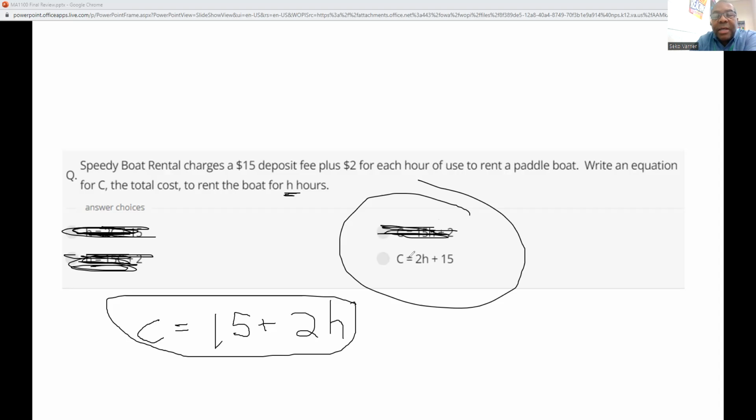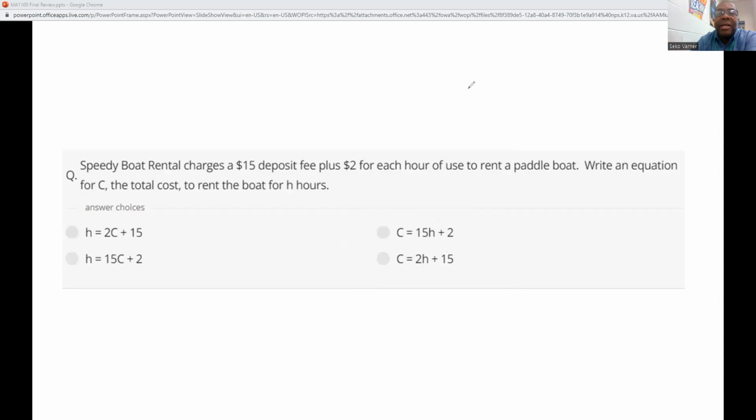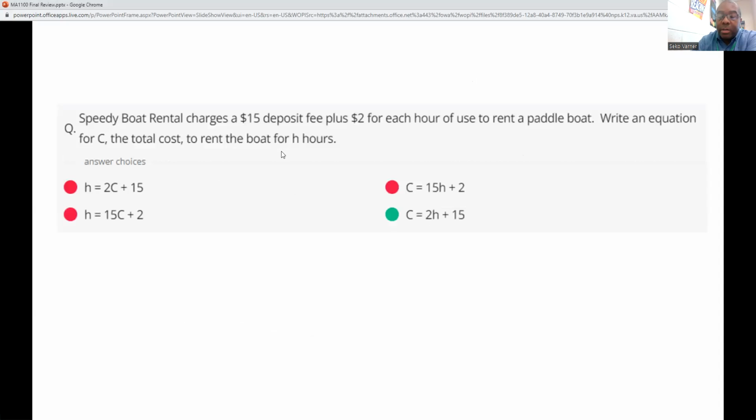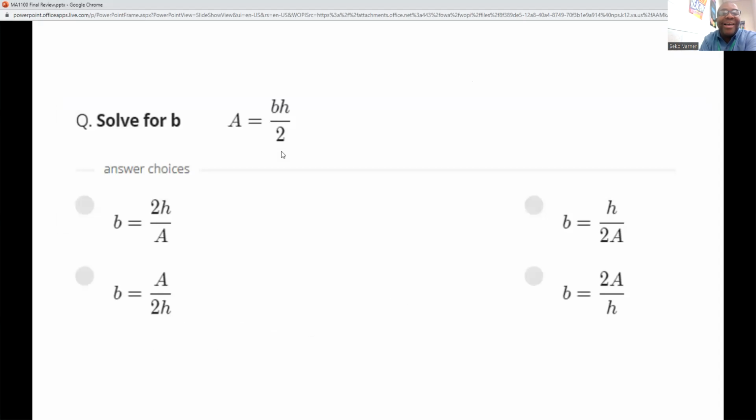So this one says C equals $2 per hour plus the $15 I have to start off with, right? So my answer is this one. That's how we figured that out. Hopefully you came to the same conclusion. Let's see, am I right? I'm right. I mess up a lot, so I have to check.